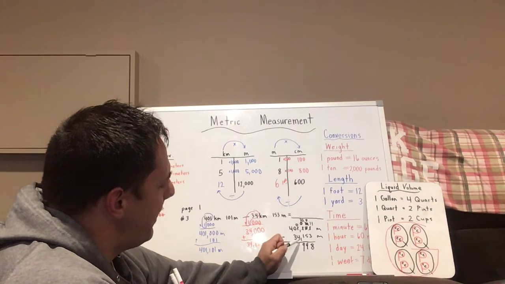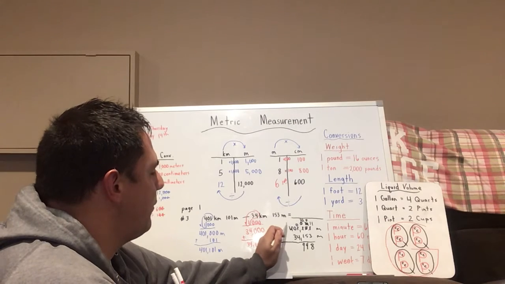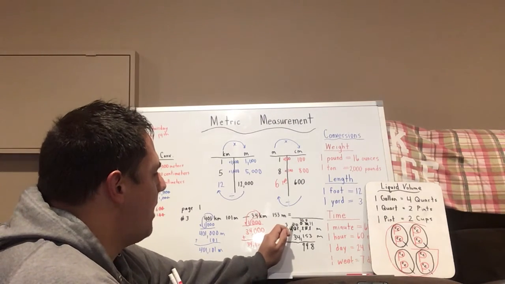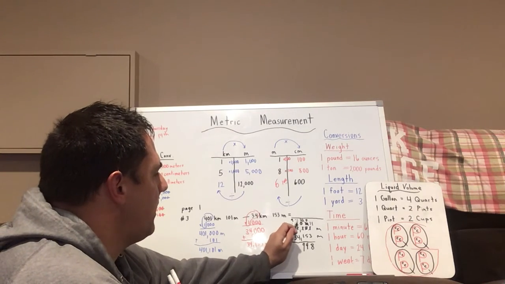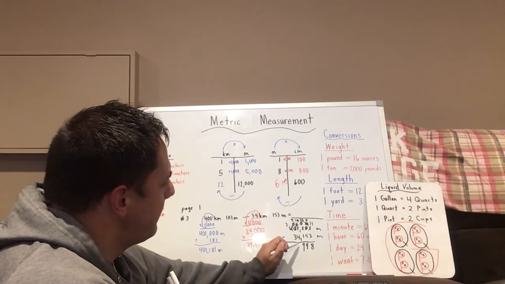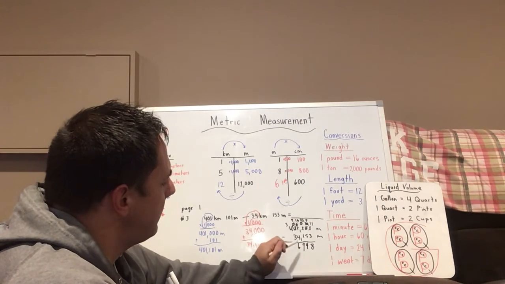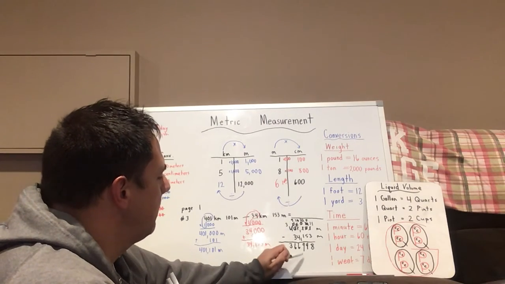I can't do 0 minus 4, so I have to borrow. Unfortunately, there's a 0. I can't borrow from it, so I'll borrow from the 4. It becomes a 3. That 0 becomes a 10. And now I'm going to borrow from it, turn it into a 9, and now I can make that 0 a 10. 10 minus 4 is 6. 9 minus 3 is 6, and 3 minus nothing is 3.